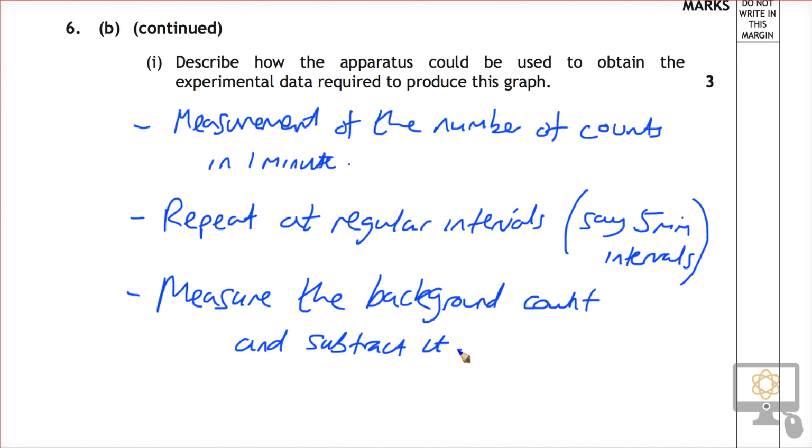If we subtract it from the measurement of the counts per minute in each case, we can then plot the corrected counts over the time intervals that we measured. And so that's the 3 things that we must say to get the full marks.